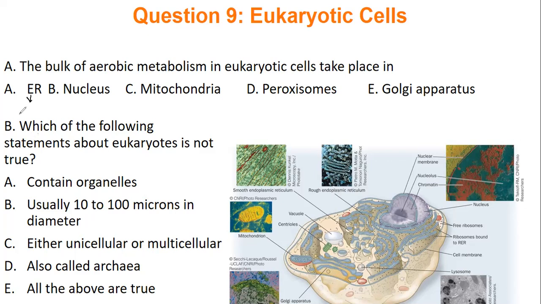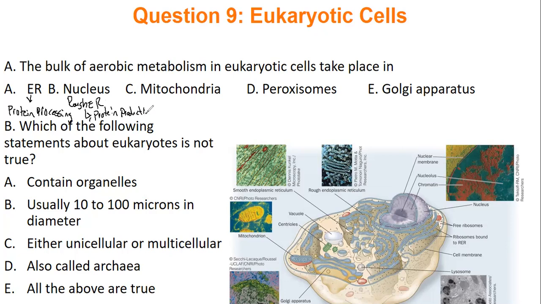This is where protein processing can happen. Also on the ER, if it's rough ER, that has ribosomes and it makes protein. So the rough ER is the site of protein production.